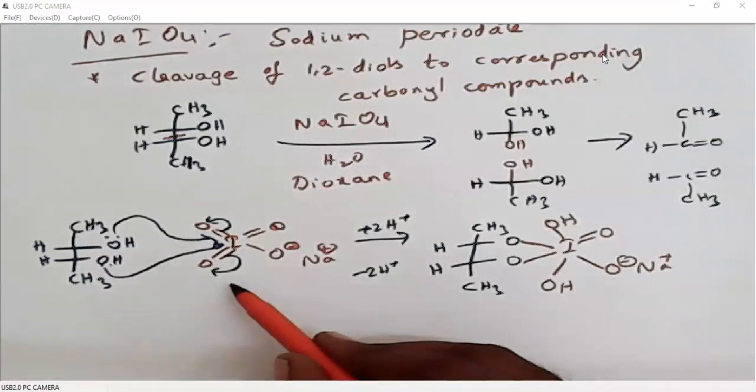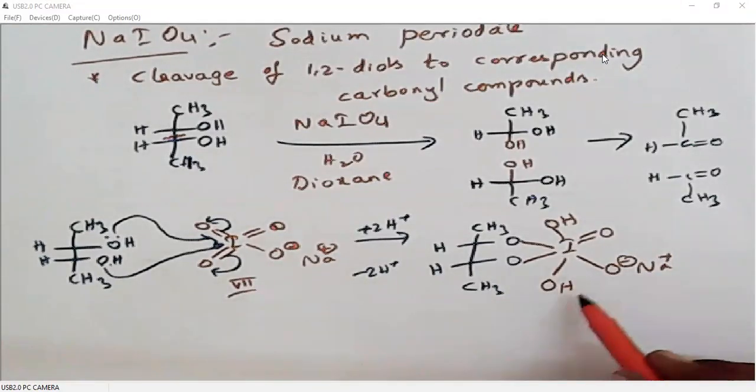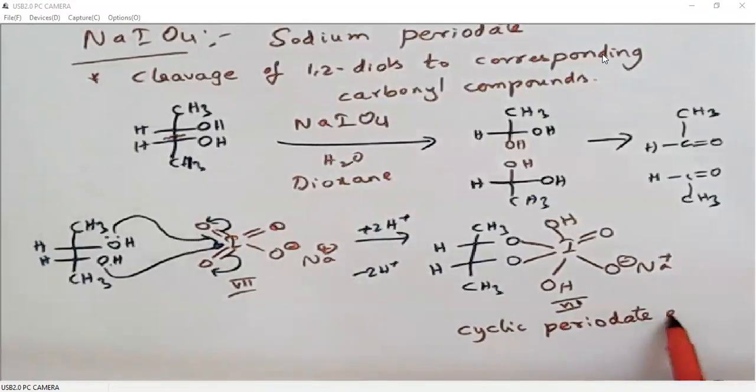The oxidation state is +7, and here also the oxidation state of iodine is +7. That means the oxidation state is not changing, so oxidation and reduction are not happening in the first step itself. This is called cyclic periodate ester.